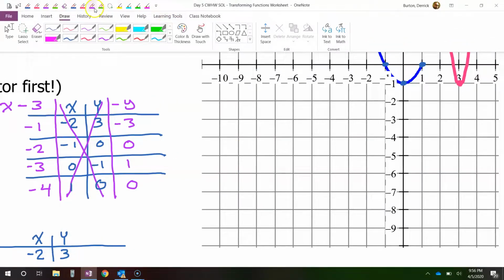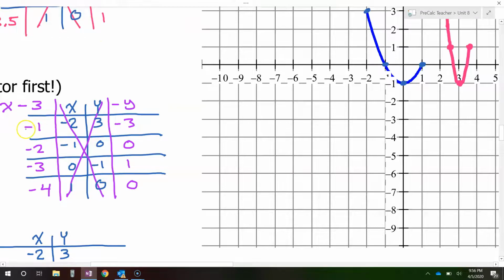All right, let's see what we've got. -1, -3 is going to be right here. -2, 0 is going to be right here. -3, 1 is going to be right here.